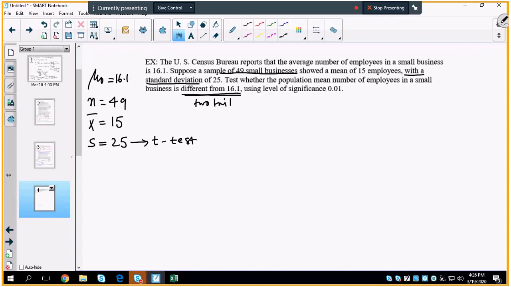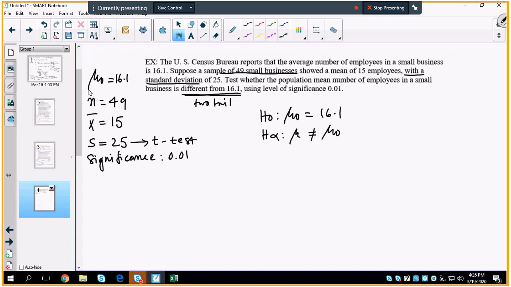So this one is a different level of significance, and I will say that this is 0.01. So what I do, I draw the picture. So H naught, the null hypothesis, is existing mean is 16.1. The challenger alternate hypothesis says mu is not equal to the existing mean. I'm not sure, greater or less.